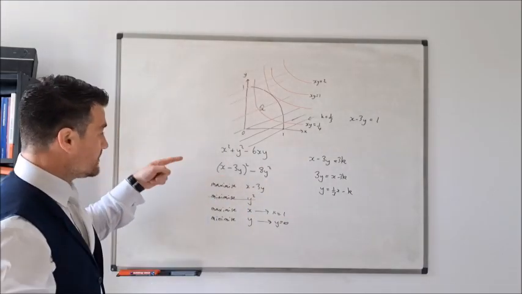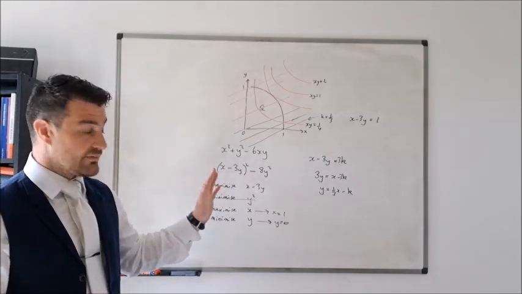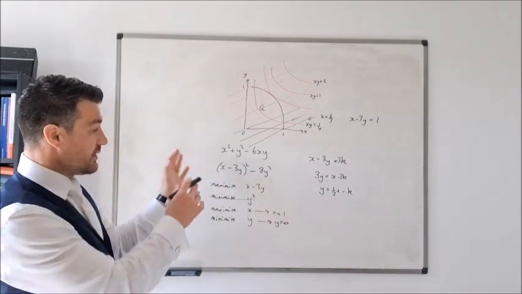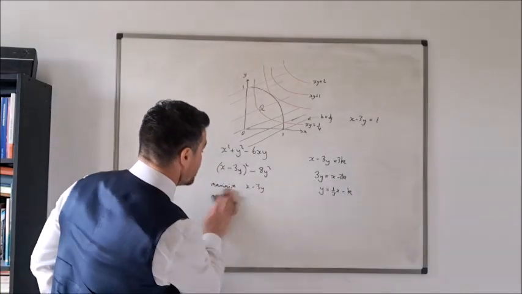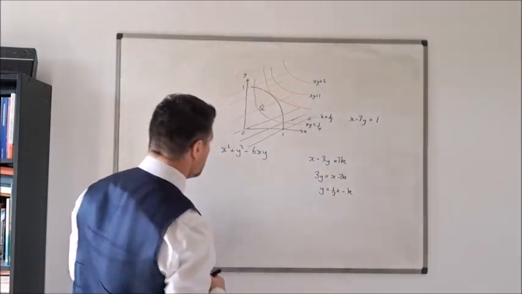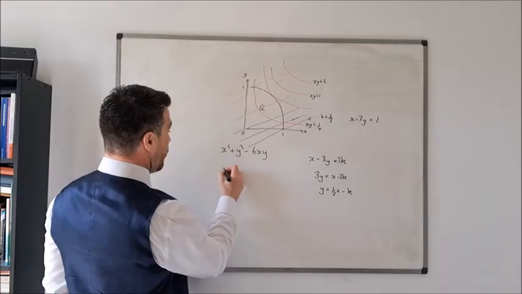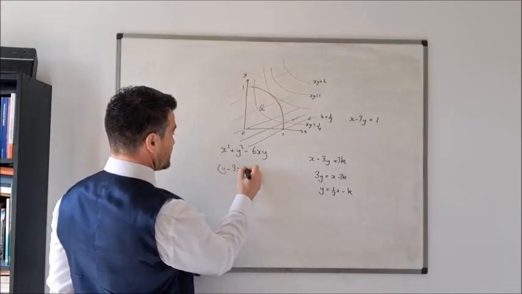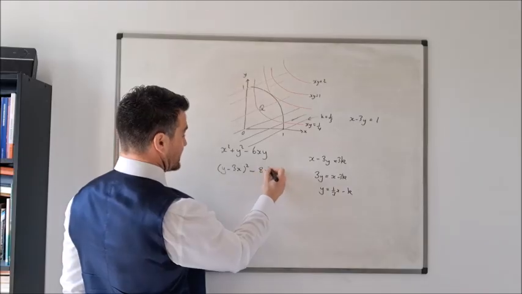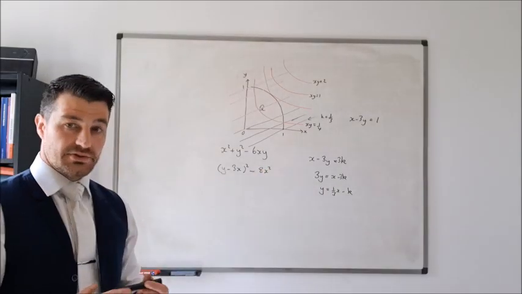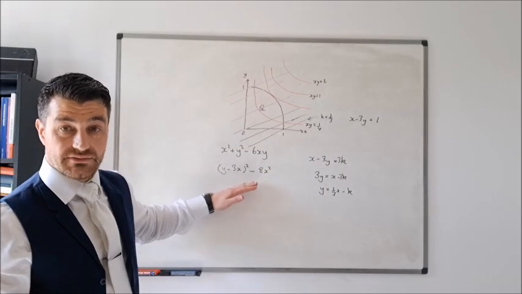But also, I've rewritten this as x minus 3y all squared minus 8y squared. There's nothing saying that I couldn't have written it as y minus 3x squared minus 8x squared. Done it from that perspective.